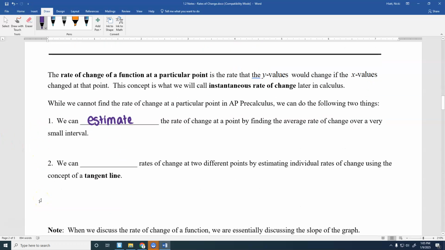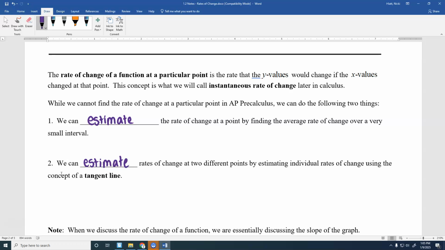Another way that we can look at it is we can estimate rates of change at 2 different points by estimating individual rates of change using the concept of a tangent line.